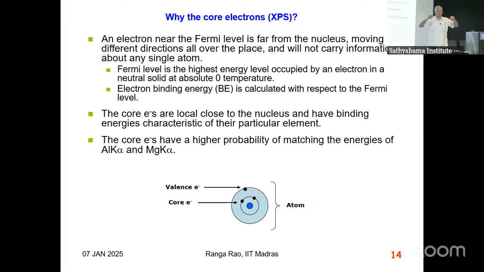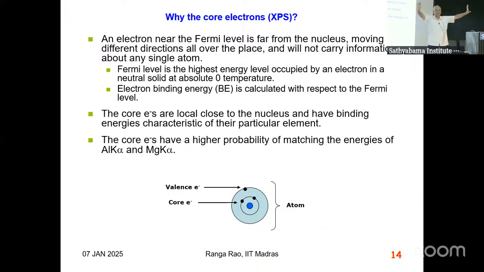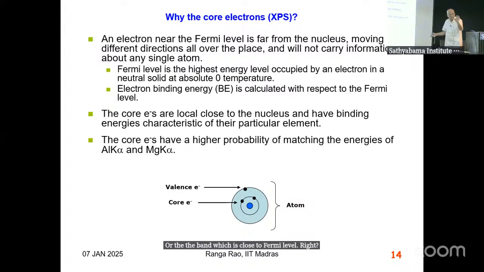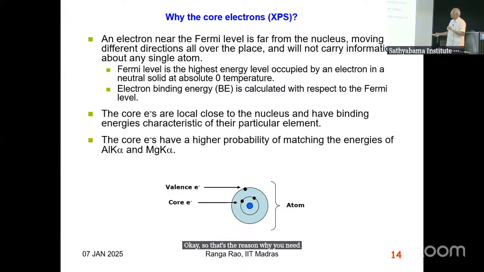They are completely delocalized. These are valence electrons. They form the valence band, or the band which is close to the Fermi level. If you analyze those electrons, you will not be able to say anything about the atomic properties. So that's the reason why you need to analyze core electrons.